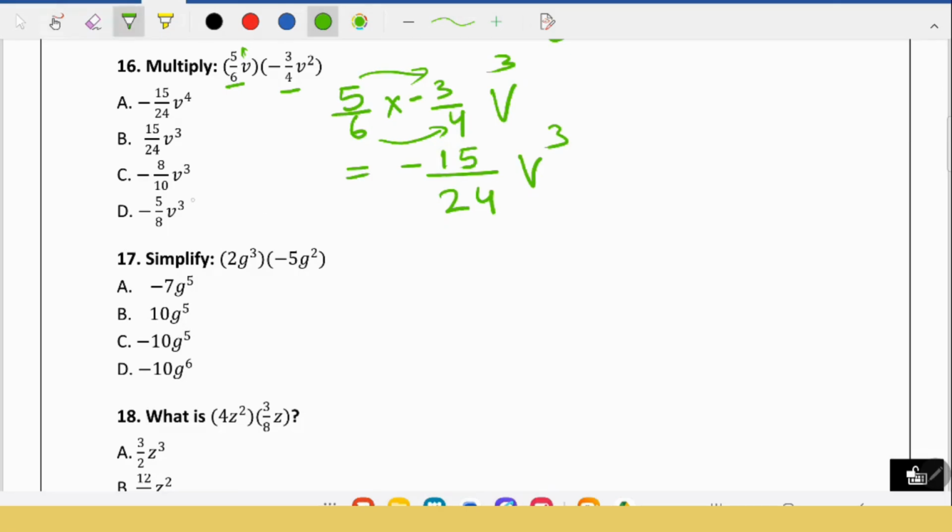I can see my answer here. Negative 15 over 24v cube. Simplifying, 3 5, 3 8, negative 5 over 8v cube, which is answer D.